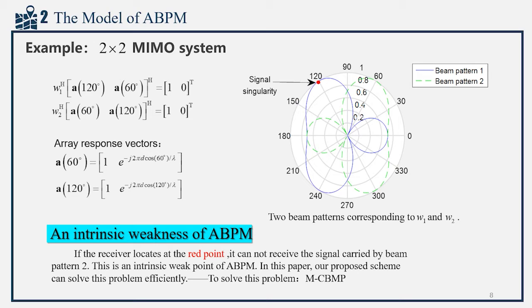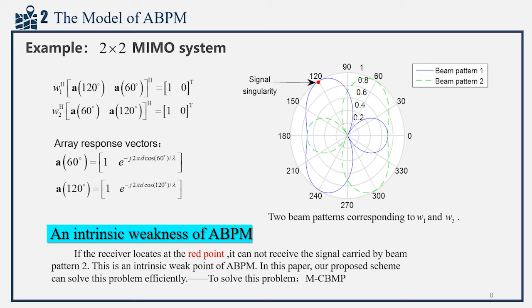The gain of beam pattern 1 at 120 degree is 1, and the gain at 60 degree is 0. The gain of beam pattern 2 is just the reverse. If the receiver can discriminate them, it will recover a bit information correctly.